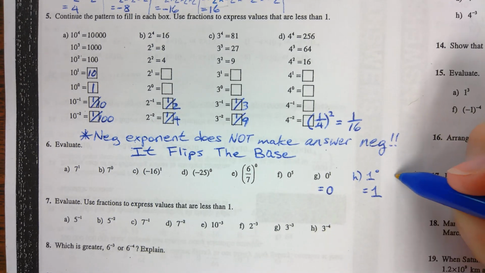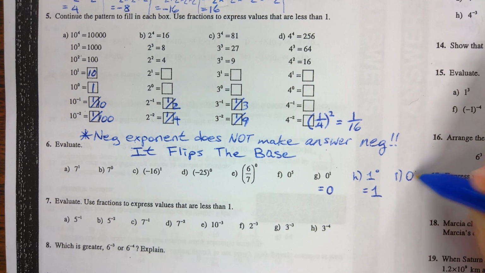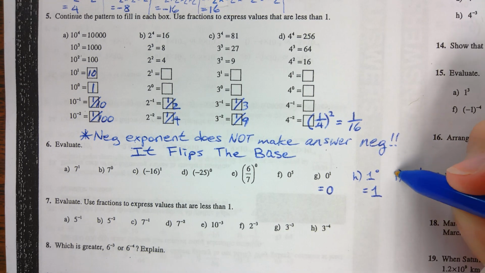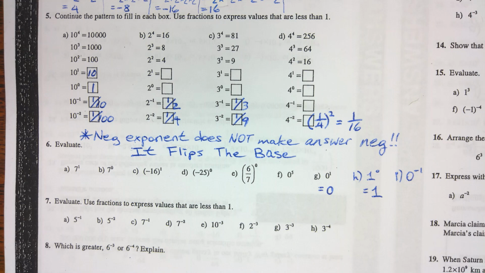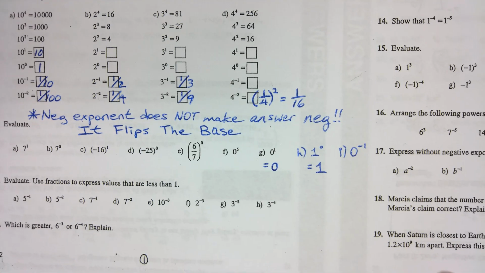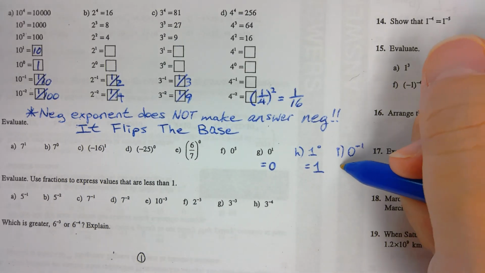What is 0 to the negative 1? What is 0 to the power of negative 1? It's still 0? No, it's divided by 0. It's undefined. That's right.